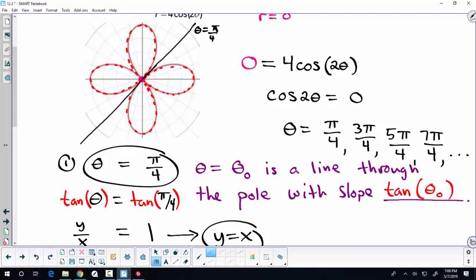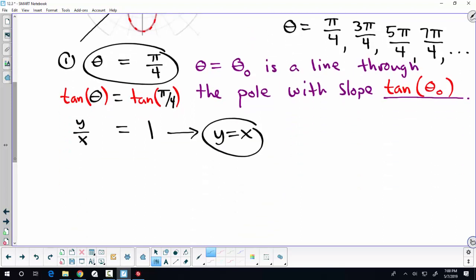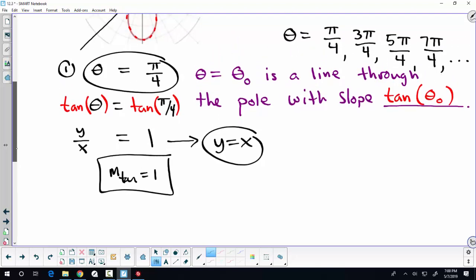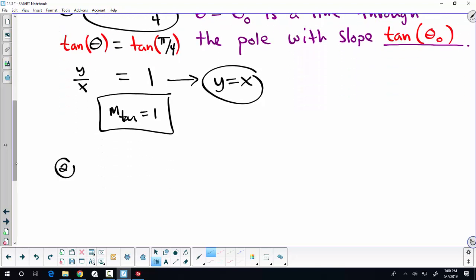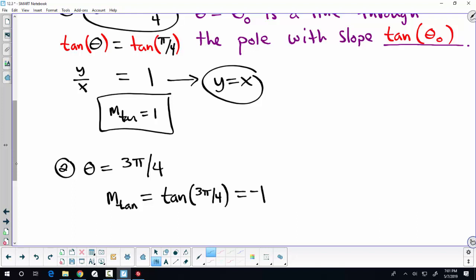So that's the slope of the tangent line there, it's 1. What about our next value, theta equals 3 pi over 4? The slope of this line is the tangent. It just so happens to be the tangent line, but the slope of the tangent line here is the tangent of 3 pi over 4, which is -1.